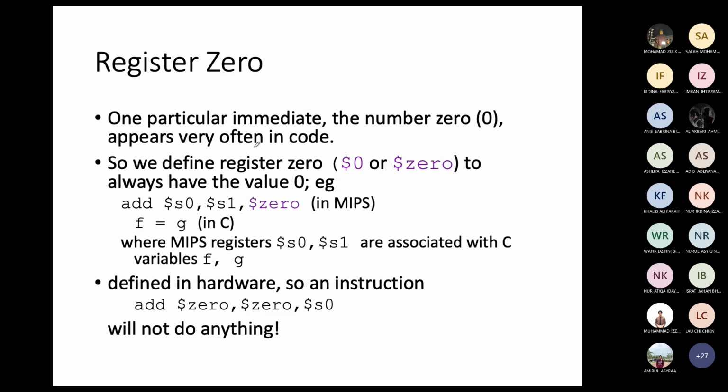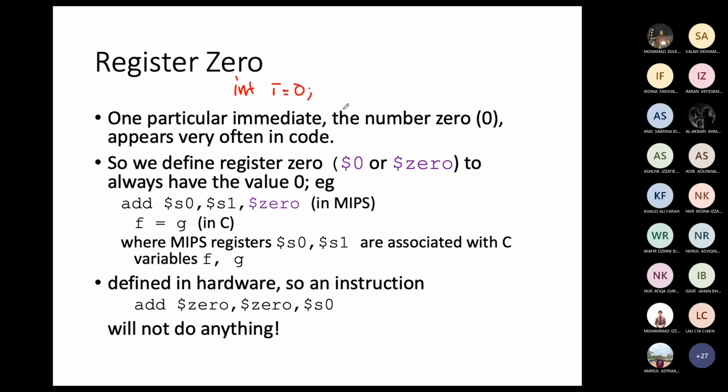And then I would explain about the usage of the registers. One of the registers is called 0. One particular immediate, the number 0, appears very often in code. Remember when you declare integer I is equal to 0?